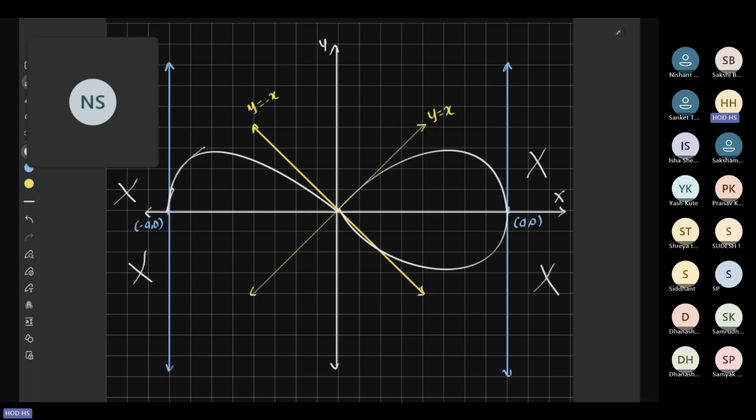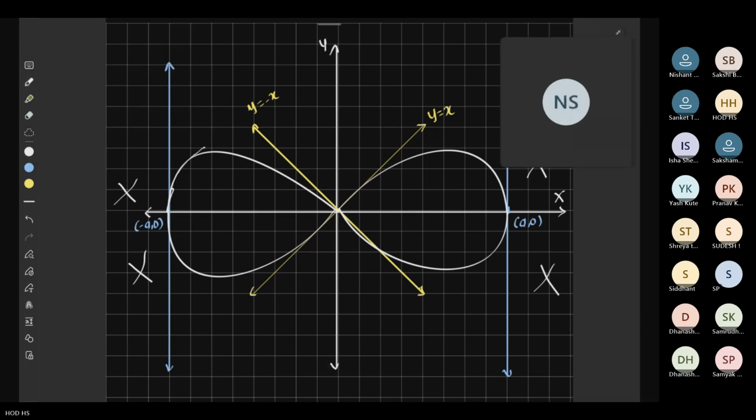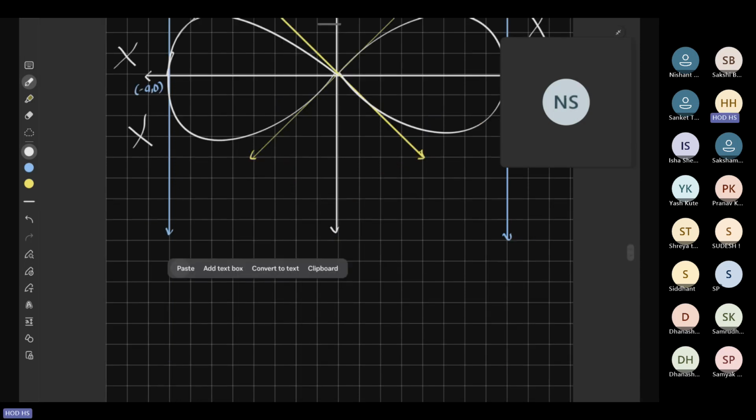This should be tangent to this line, and this one tangent with y is equal to x again. So this line should be tangent with these two lines. So this is the graph that we got for our given equation.